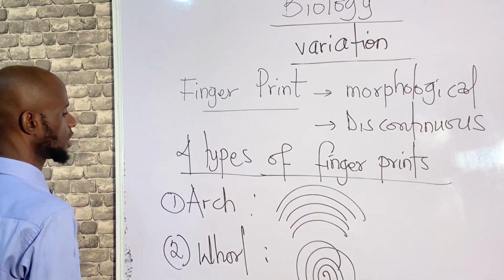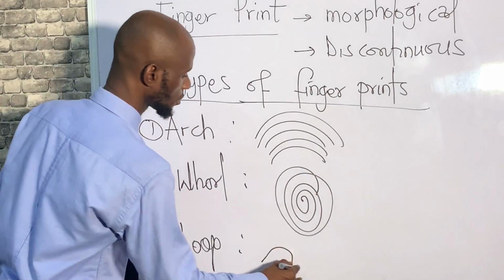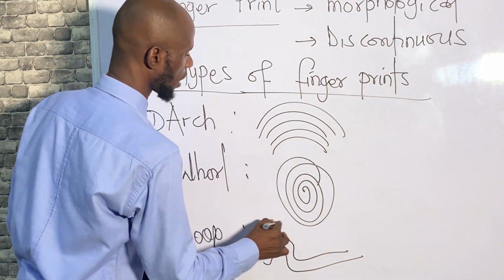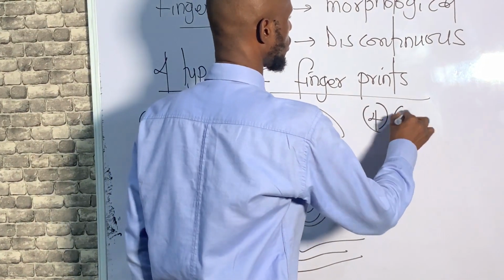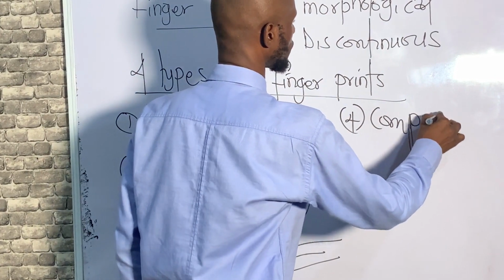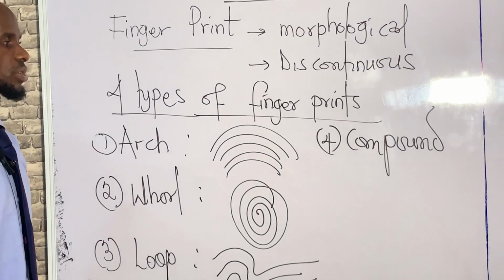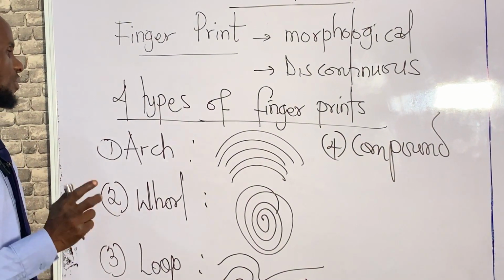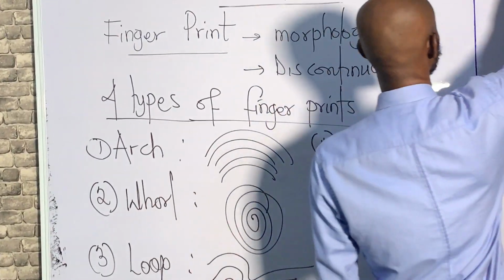And the third is the loop. It's looping, it's not stable. And the fourth is the combination of any of these two we have listed. That is what is called the compound fingerprints.